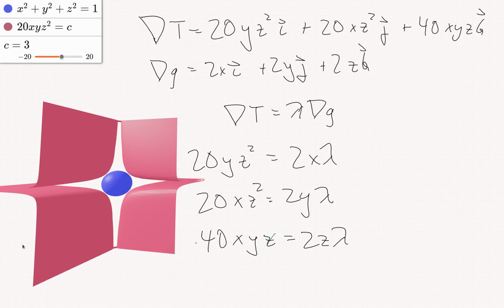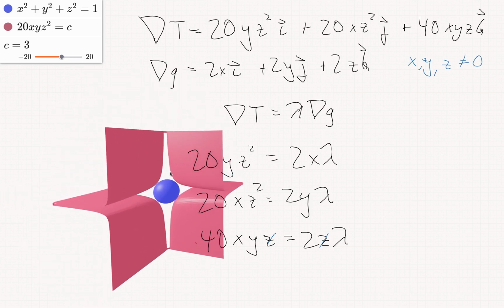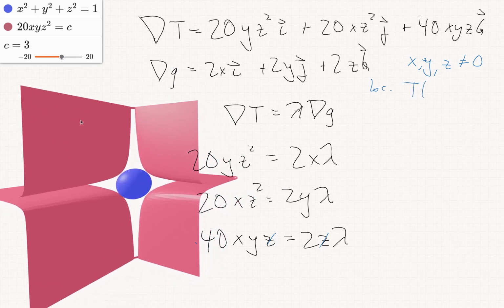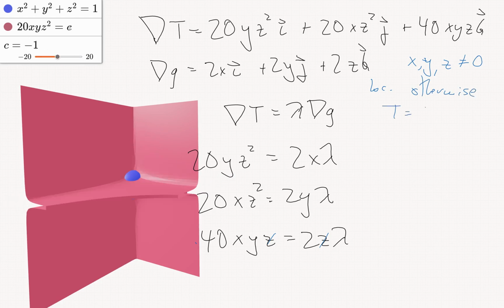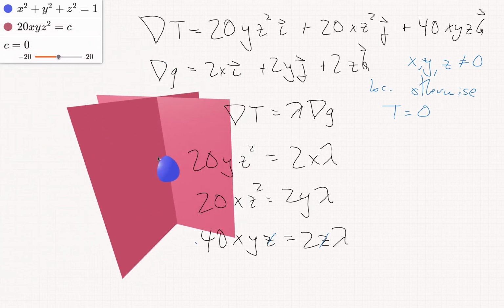So we'll cancel a z from both sides. Actually we may as well assume that x, y, and z are all non-zero, because if any of these were 0, then T would be equal to 0, and we can see easily that there are points of higher temperature and of lower temperature than 0.